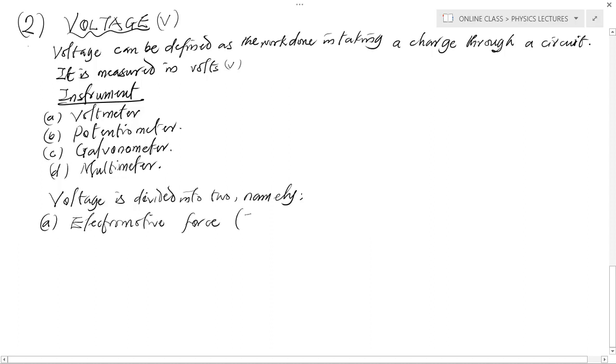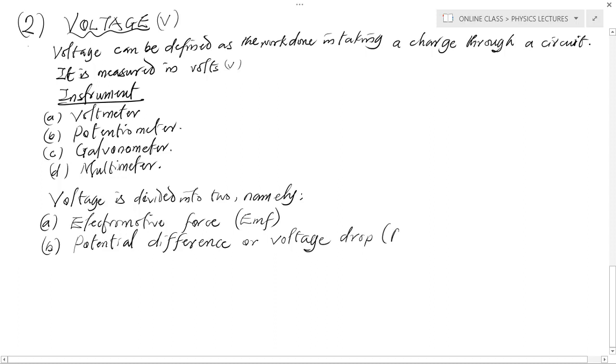That is called the EMF that we know. While the second part is potential difference, or voltage drop, which is called PD.